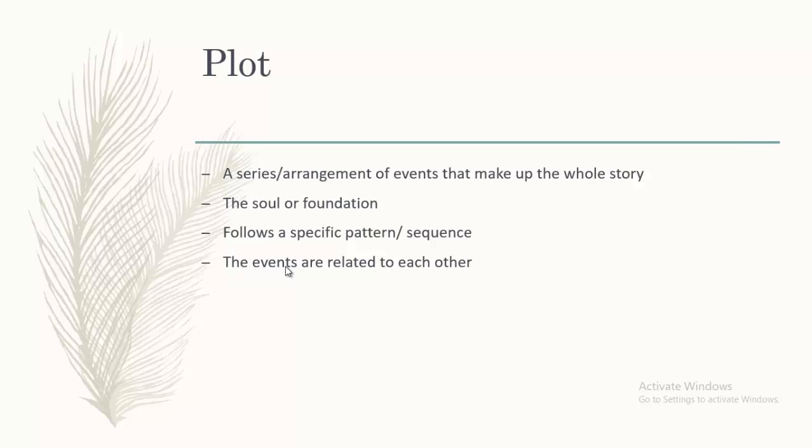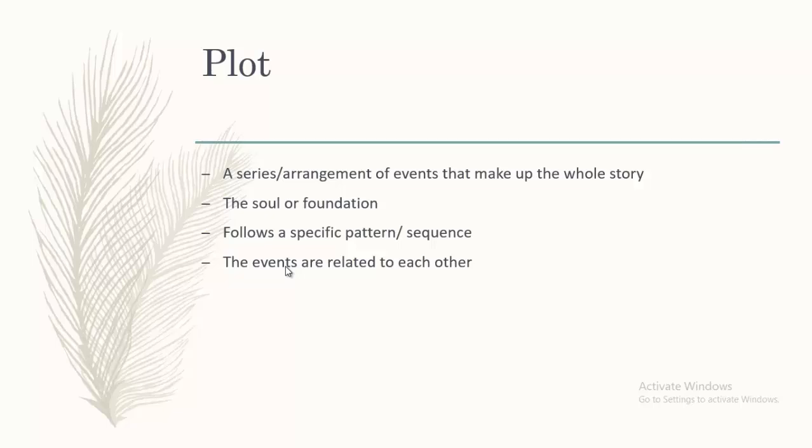Someone does something, someone says something, someone thinks something, and all these actions, all these thoughts, their words make up the whole story. And when these actions, these events are arranged in a proper form, that arrangement or series is referred to as plot. And plot has been said by critics to be the soul or foundation of a novel.